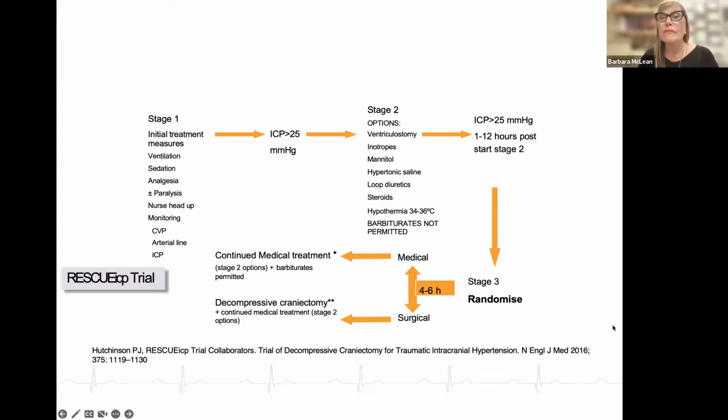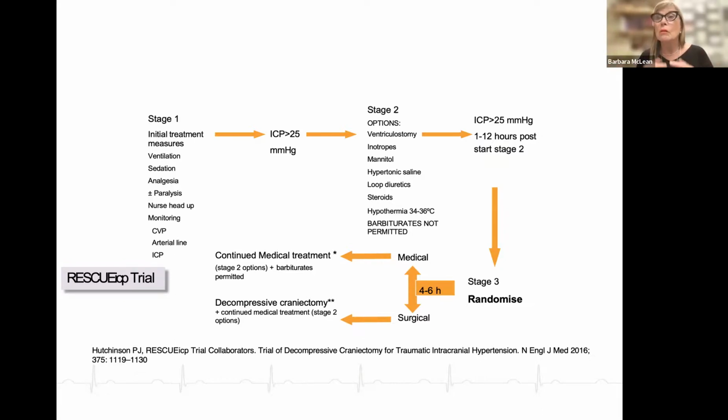So we have a lot of different treatments that we can induce for our patients. We talk about it as stage treatment. You can see in stage 1, these are basic kinds of things. We're going to monitor CVP, we're going to monitor ICP, we're going to monitor arterial pressure. All of that should be invasive, right? And we're going to give sedation and analgesia to a RASS usually of -3 to -4. You may even go to -5.